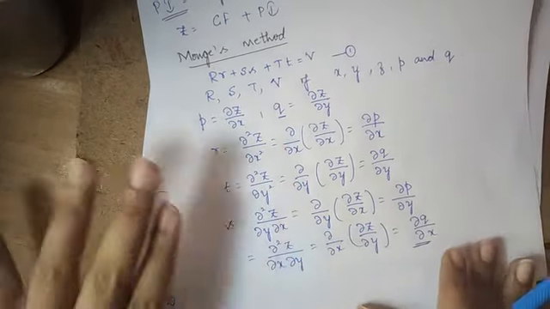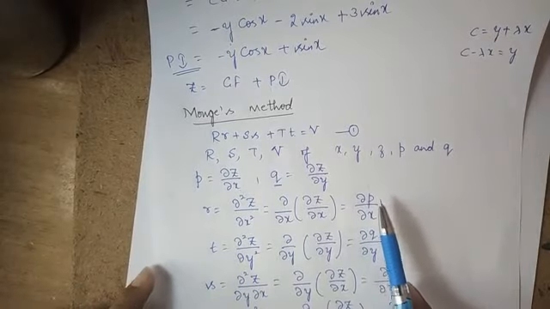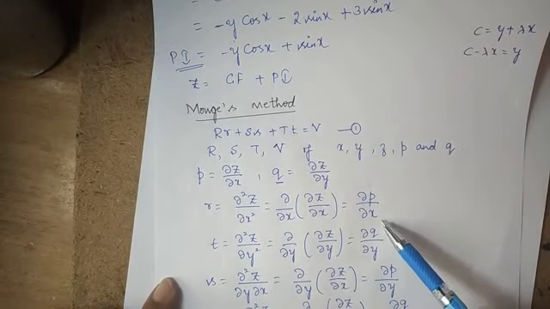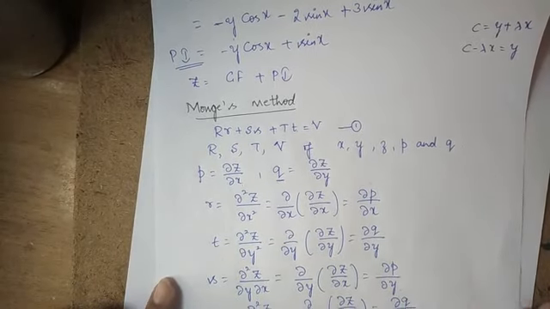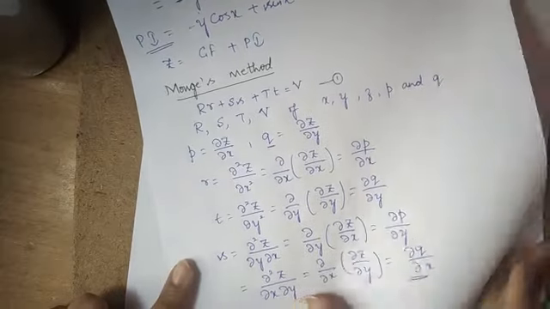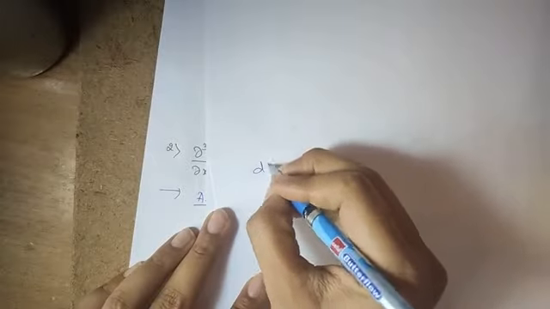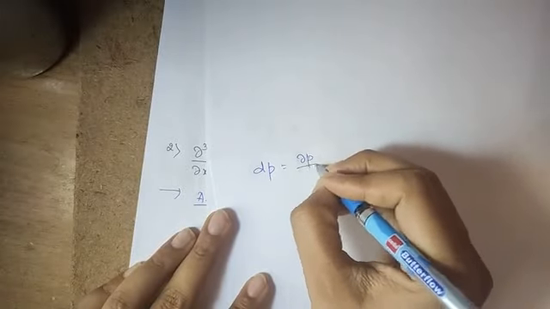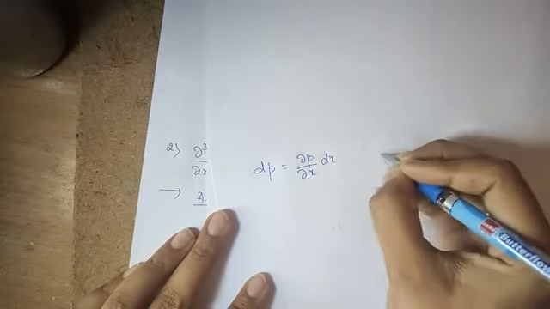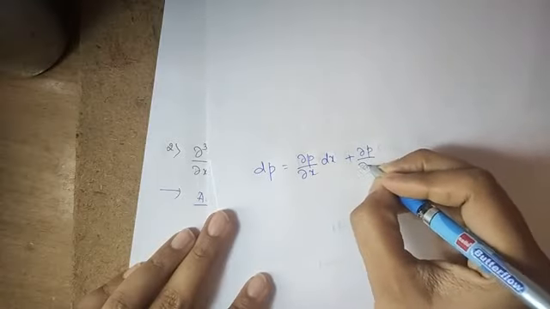So now we know that p is a function of x as well as y. So using the total derivative concept, I can write dp as dou p by dou x into dx plus dou p by dou y into dy.